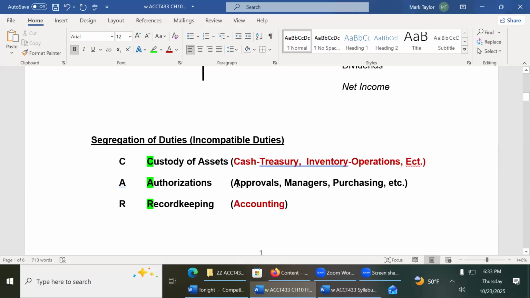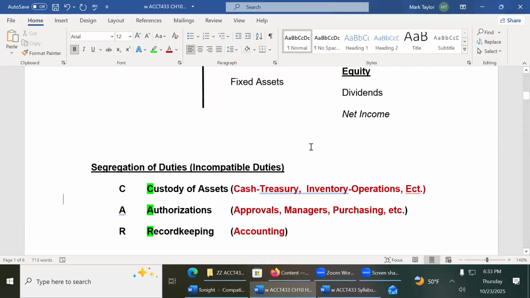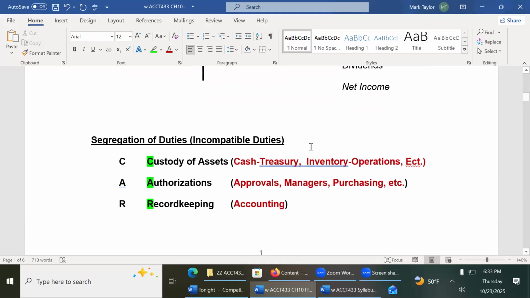So anytime there's an approval that goes on, it's the authorizations. And we don't like to mix these. If you mix them, you can have real problems.